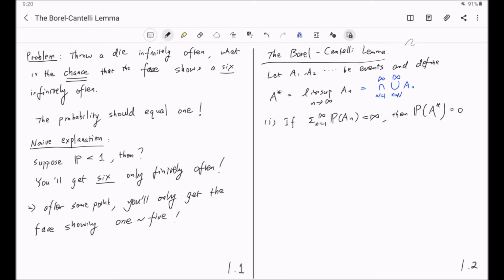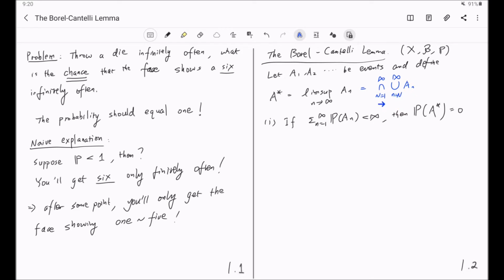Namely, if your probability space is X, B, P, where X is a space of points and B is a sigma algebra and P is a probability, given any point, say little x in capital X, that point lives in A star means that for any capital N greater or equal to 1, there always exists a little n greater or equal to capital N such that that point lives in A sub n.